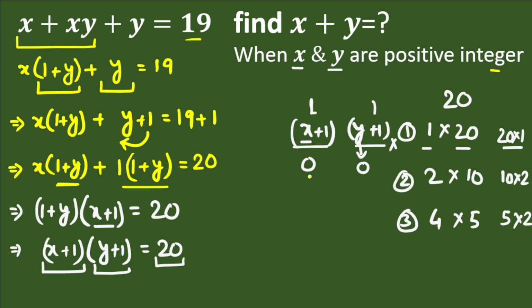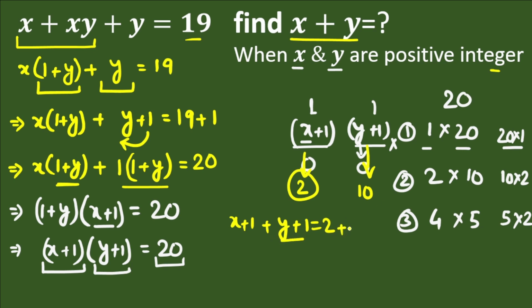Now for the second case, either x plus 1 will be 2 and y plus 1 will be 10, or the other way around. We have to find the value of x plus y combinedly. So we'll add the factors: x plus 1 plus y plus 1, where the values are 2 and 10.